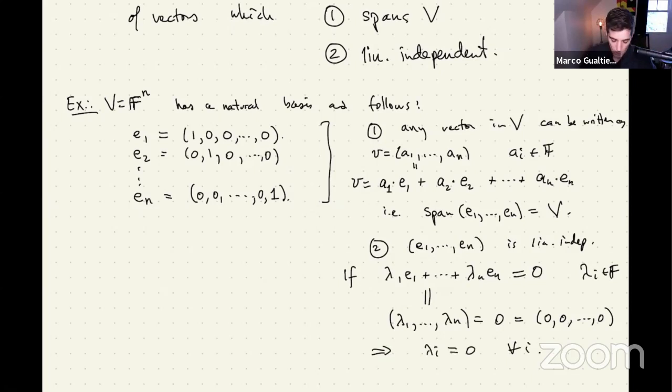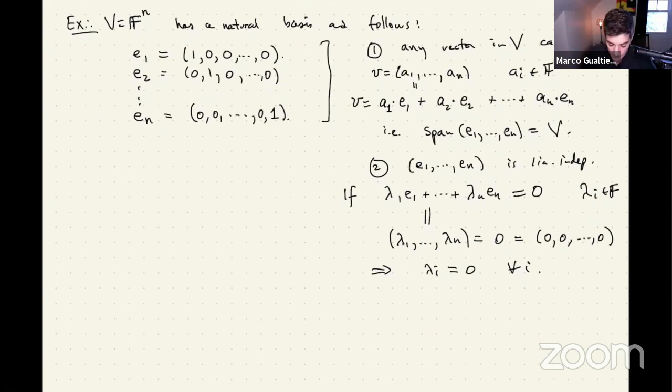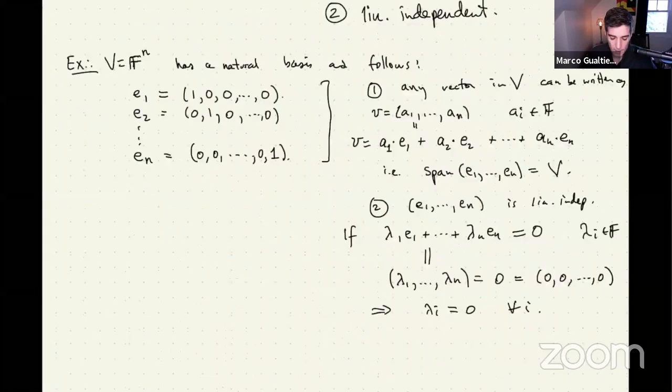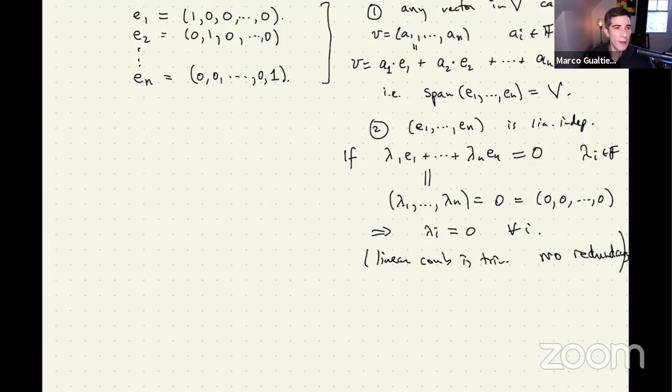And so this means that the only linear combination that can be 0 is the trivial one, so no redundancy. In other words, there is no linear dependence, and so these are linearly independent.